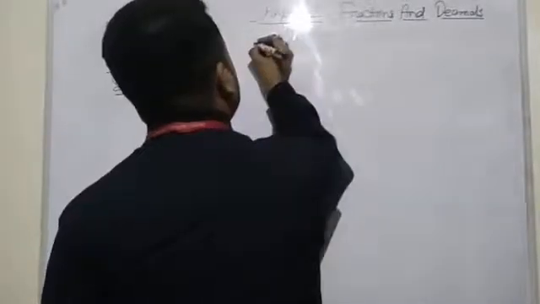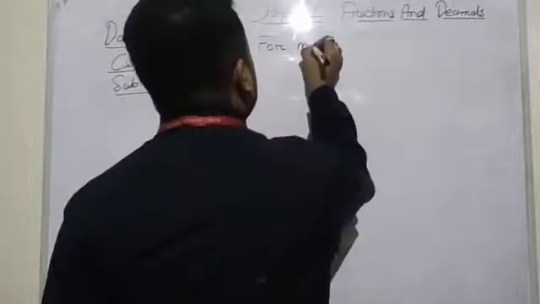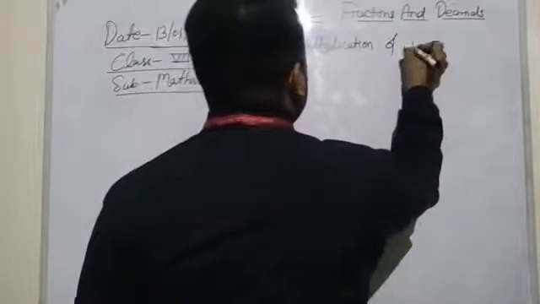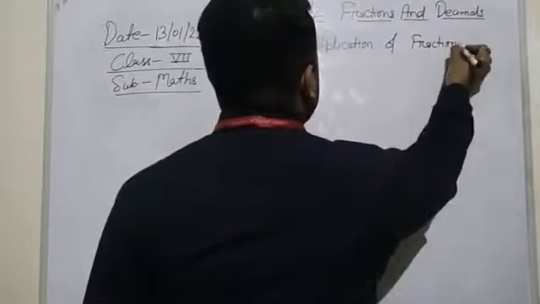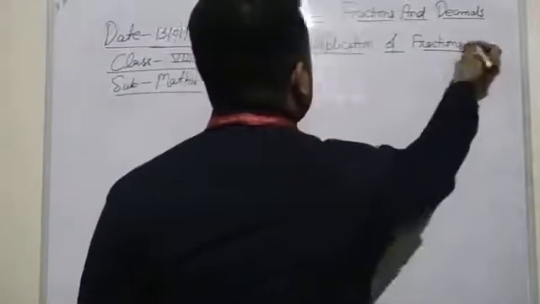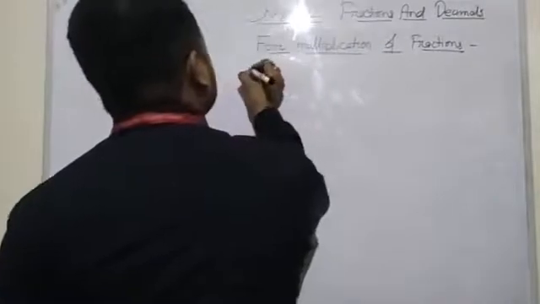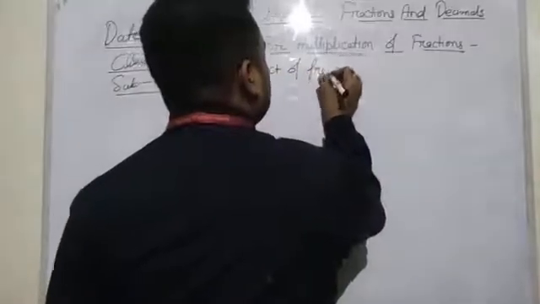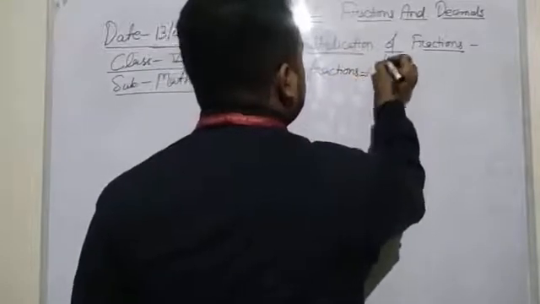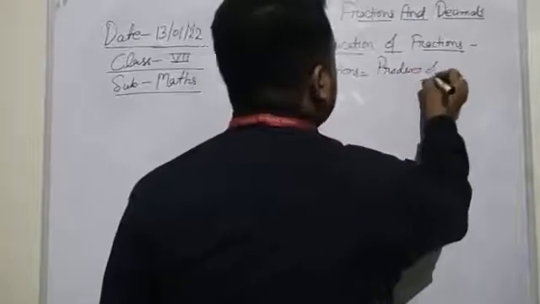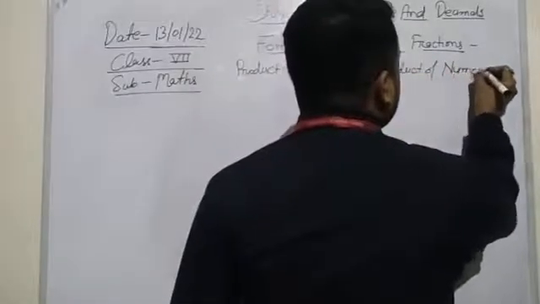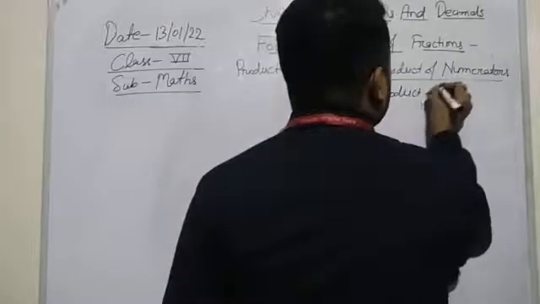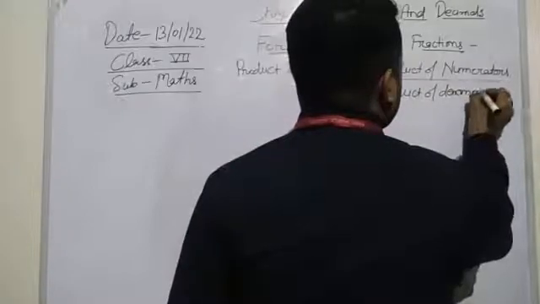Now for multiplication of fractions, the product of fractions is equal to the product of numerators upon the product of denominators.